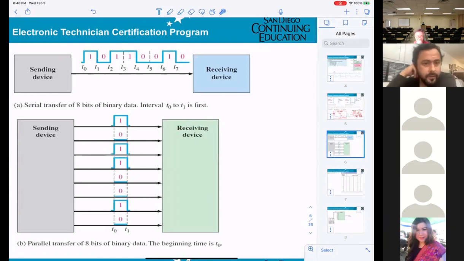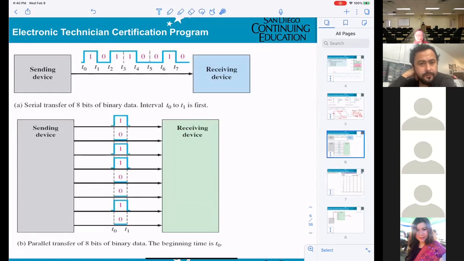Mr. Pham, can we interpret that serial data is slower in speed than parallel data, but parallel data needs more wires, so is in some sense expensive from a physical perspective?